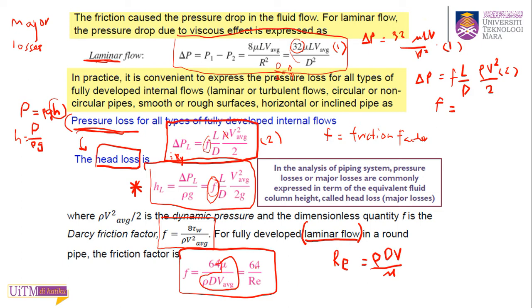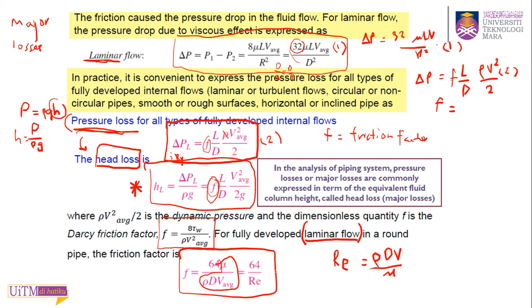That's why you got 64 over Reynolds number. If you want to prove this, from these two equations, equation 1 and equation 2, if you take f outside, you will get 64 mu over rho times D times V, and this is equal to 64 over Re.